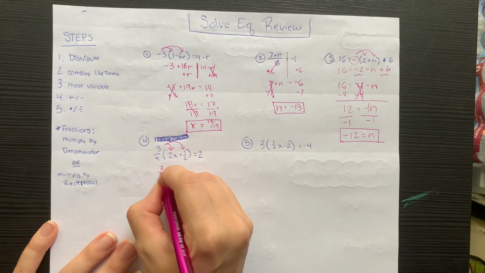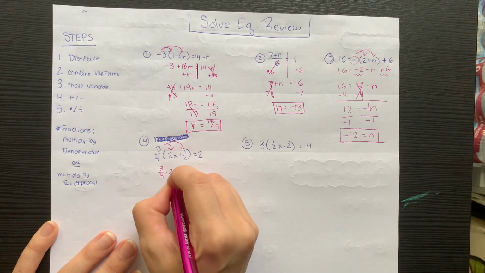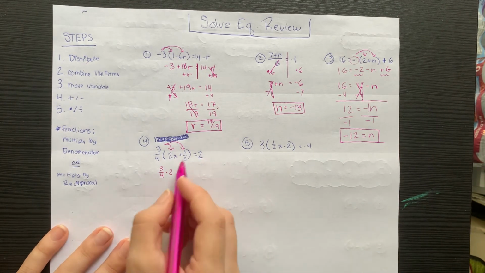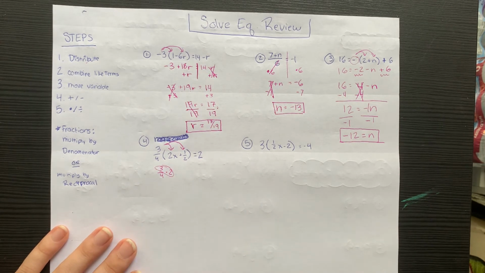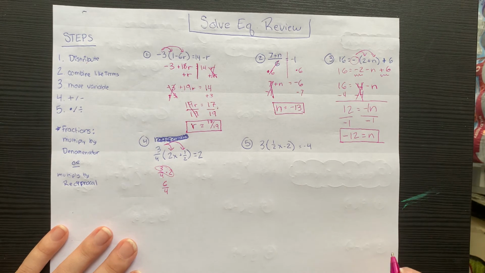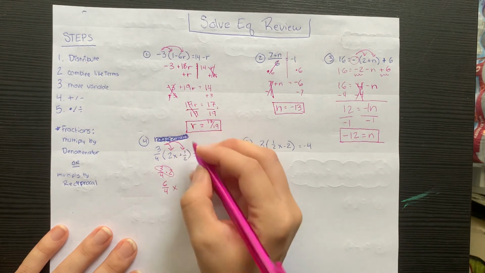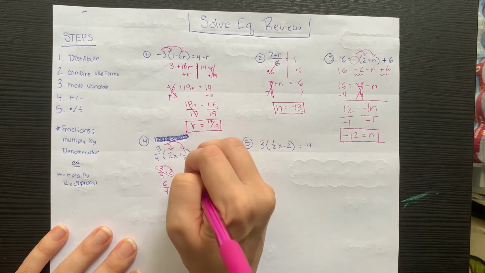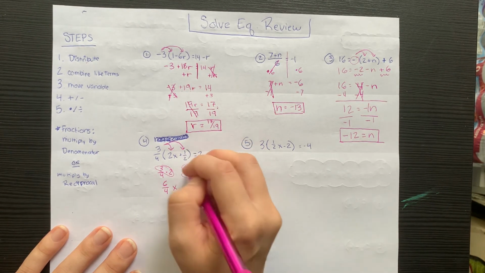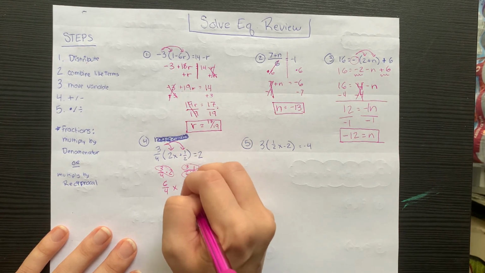When you do fractions multiplying, if it's a fraction and a whole number, multiply the top of the fraction with that. So this would be 6 over 4. And then when you do a fraction and a fraction, you just multiply across. 3 times 1, 4 times 2.